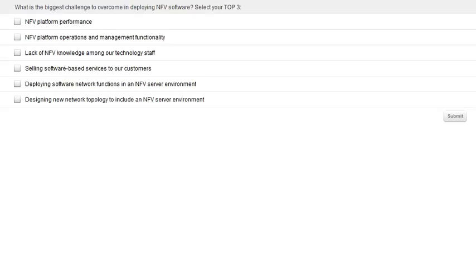I know other operators around the world are seeing this as a barrier. What about deploying software network functions in an NFV server environment, bringing the IT knowledge necessary to the network folks, or designing a new network topology that includes that server environment?